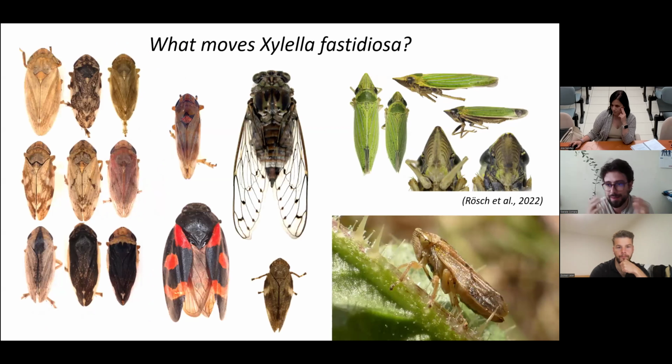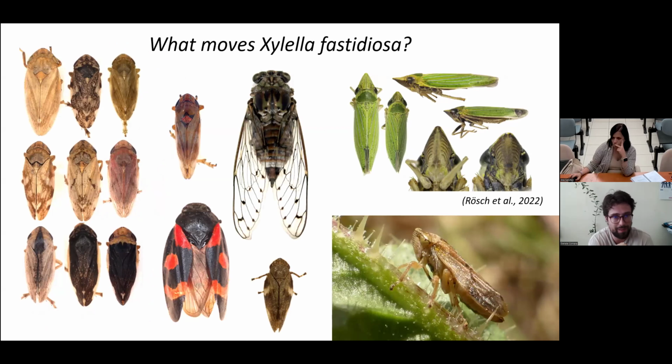So I will start with a slide that I prepared for the last seminar on the finding of ST1 in Bari. The title of this slide is What Moves Xylella fastidiosa? Because the problem, at least from my perspective, is that most people, when talking about Xylella fastidiosa, really focus on the plant-bacterium interaction, overlooking a very important factor, which is what permits Xylella to move around, establish and spread: xylem-feeding insects, the vectors of Xylella fastidiosa.